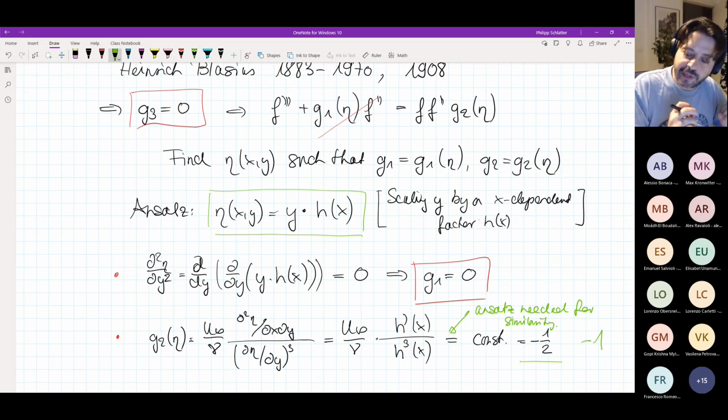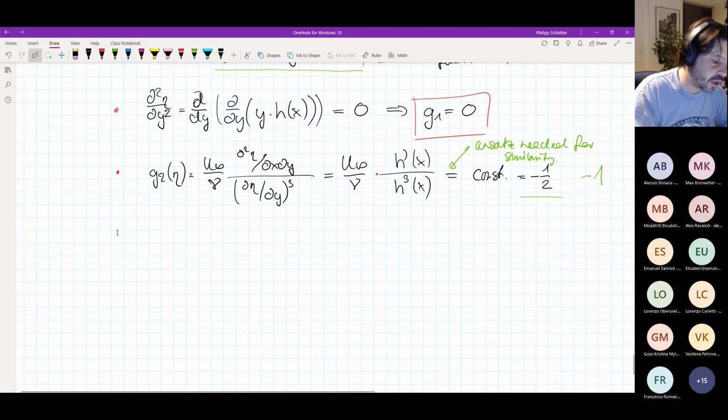Anyway, if we agree with each other that this needs to be a constant, then actually we can continue here and try to solve this ordinary differential equation: h prime divided by h to the 3 being -1/2.